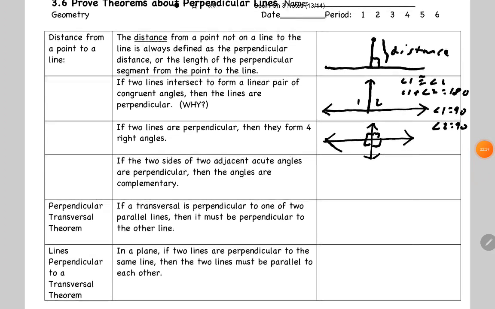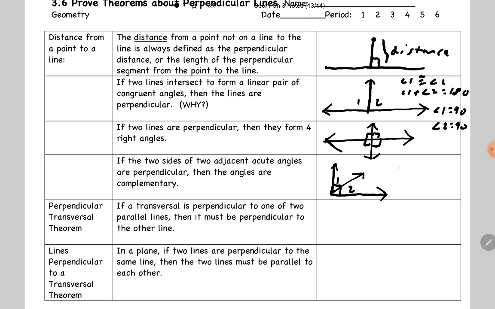If two sides of two adjacent acute angles, so adjacent means next to, so this is angle 1 and angle 2, they're next to each other. And these are acute angles, so they're less than 90. If the two sides of two adjacent acute angles are perpendicular, so that means this whole angle is a right angle, then the angles are complementary.